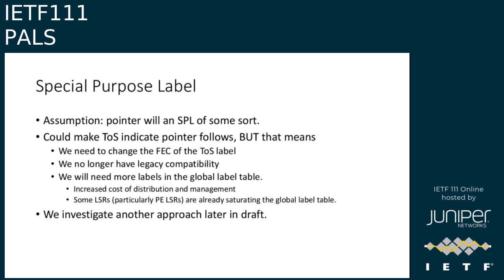In other words, we could change the FEC, which is what we did with the RFC that records the time spent at a node, but that really doesn't have the degree of legacy compatibility we'd like. And in any case, we would need more labels in the global label table, because we have to deal with the case that we want to use a pointer, and the case where we don't. Next slide, please.